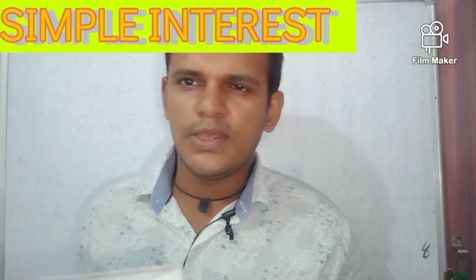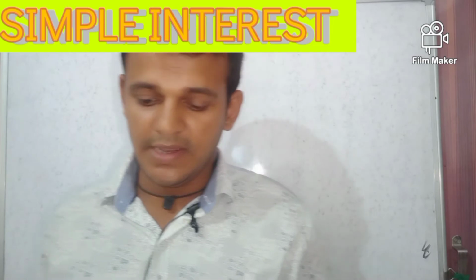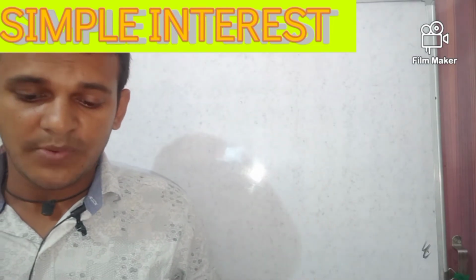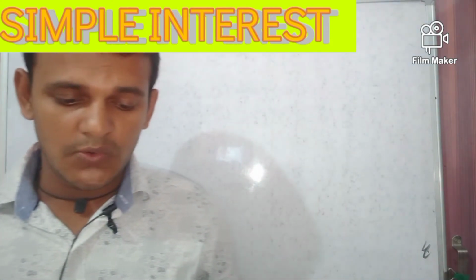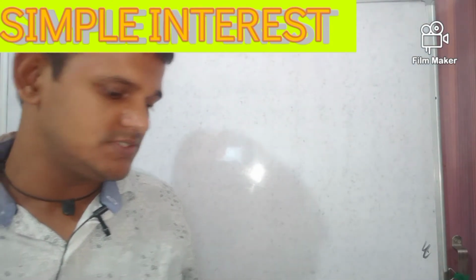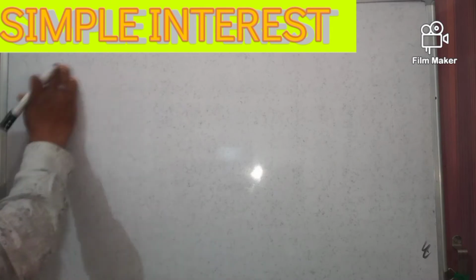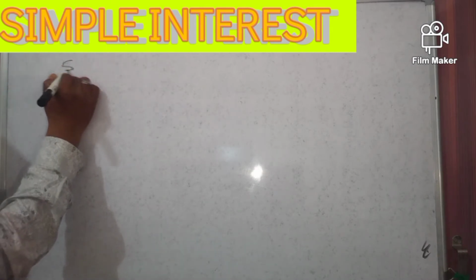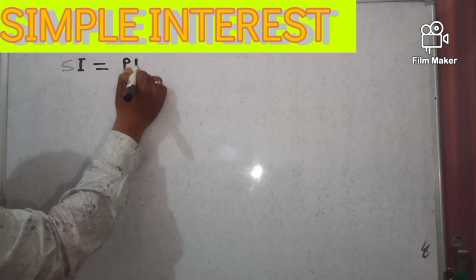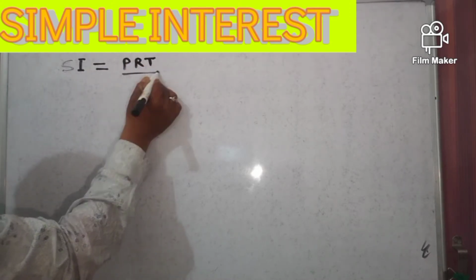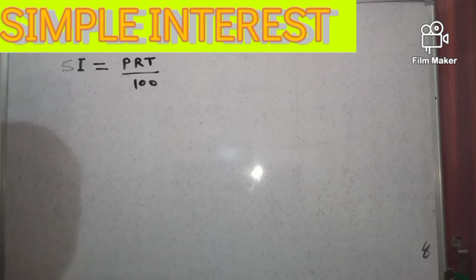Given 4 years and 6 months and simple interest rate of interest given 4.5. Okay, so what would be the simple interest? So see here, this is a very simple question. Simple interest formula is PRT by 100, right?